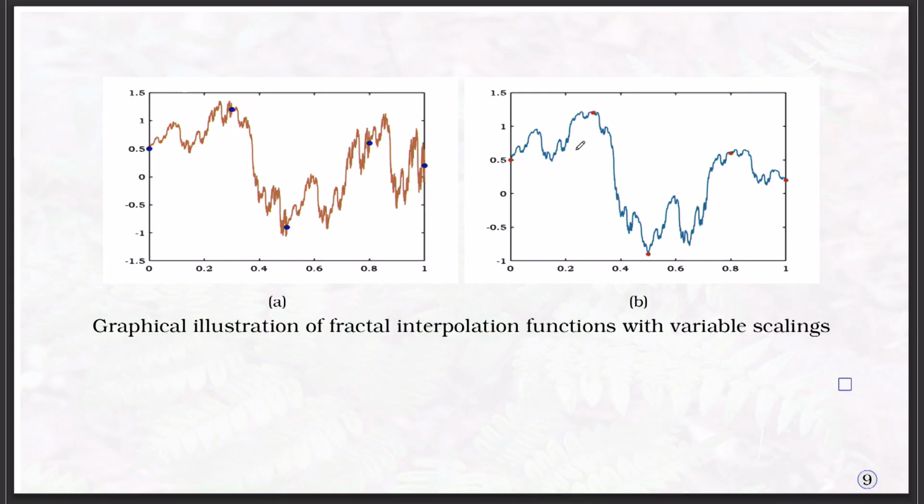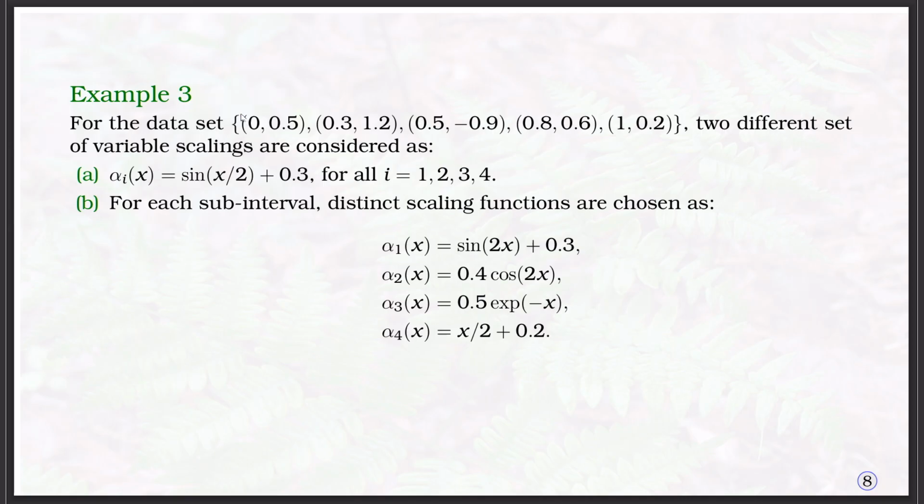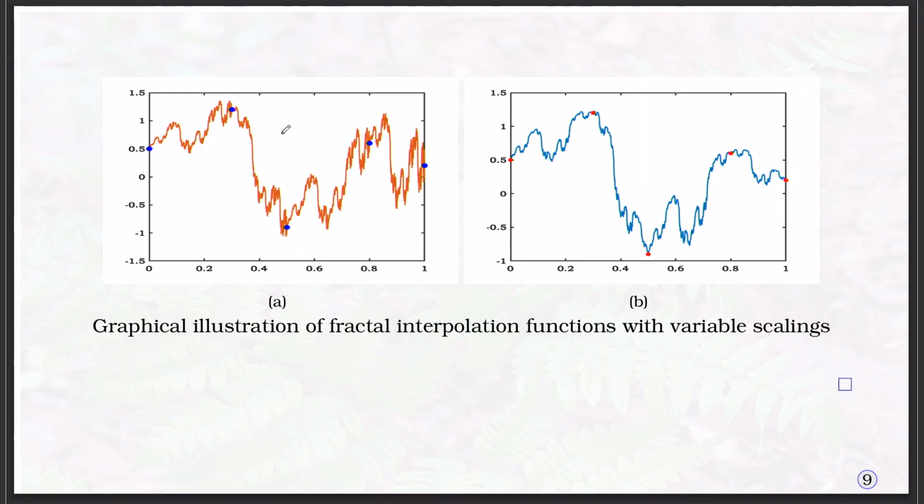Now, whatever figures we discussed in the previous classes, we have here the number of points is 1, 2, 3, 4, 5. There are 5 data points given. We have taken only the 10th iteration, and the graphical representation of the fractal interpolation function is given here.